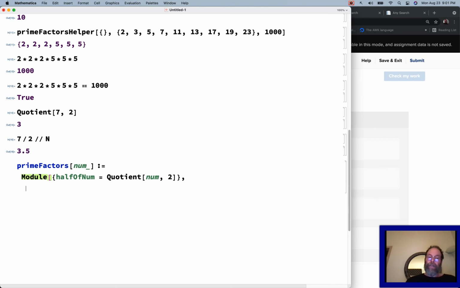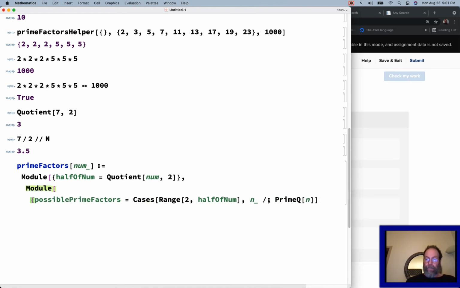I could even create another local variable, module. Possible prime factors would be cases, range 2 to half of num, n, we can do that, prime qn.